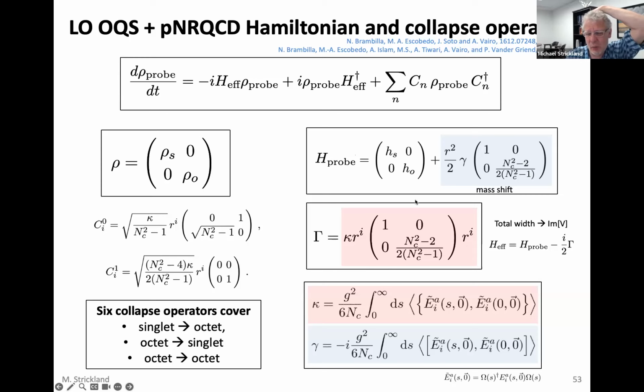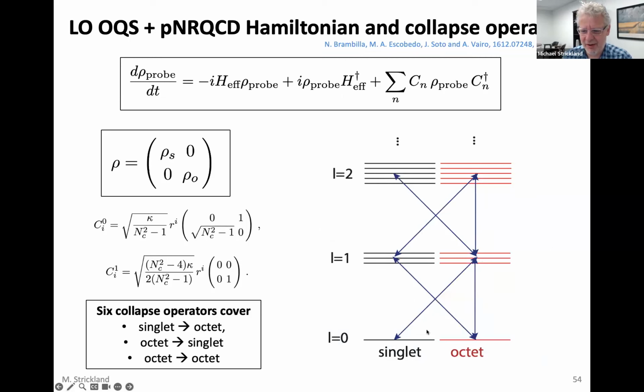And this is the width. This is encoding that imaginary part of the potential because gamma comes explicitly with an i. So this becomes the imaginary part of the potential. This becomes the mass shift. So now we have both effects included. We know what these jump operators are. We know what this effective Hamiltonian is.